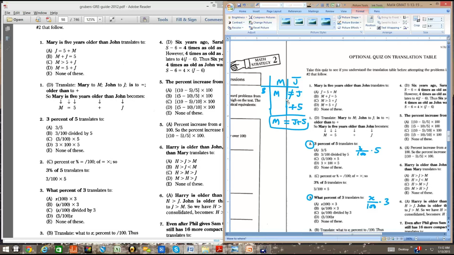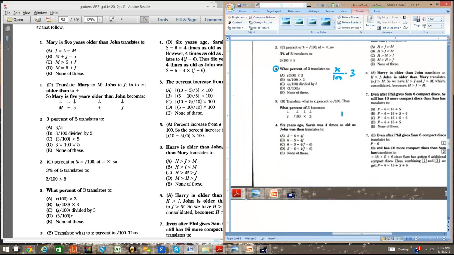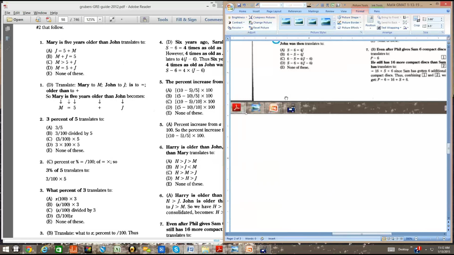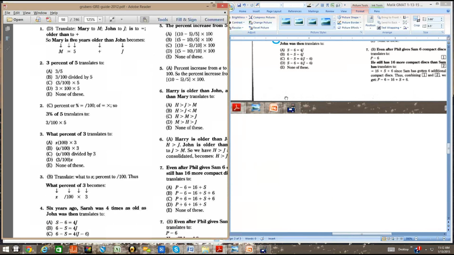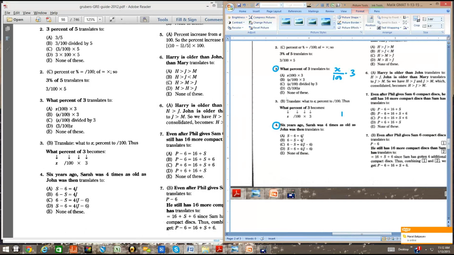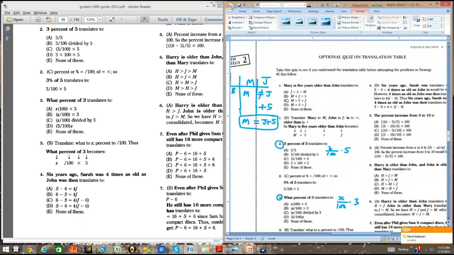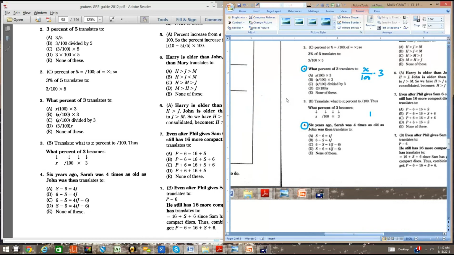Look at question number 4 here. I'll show it to you on the left side. Can you try to do it using the chart way? Go ahead and try to do it and tell me what you get. So Sarah and John. 6 years ago, Sarah was 4 times as old as John.